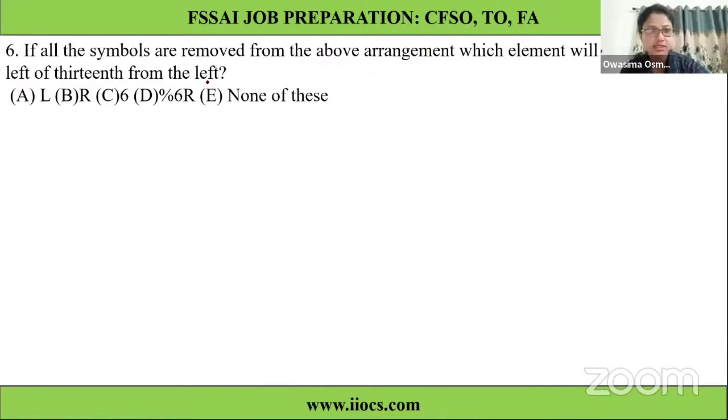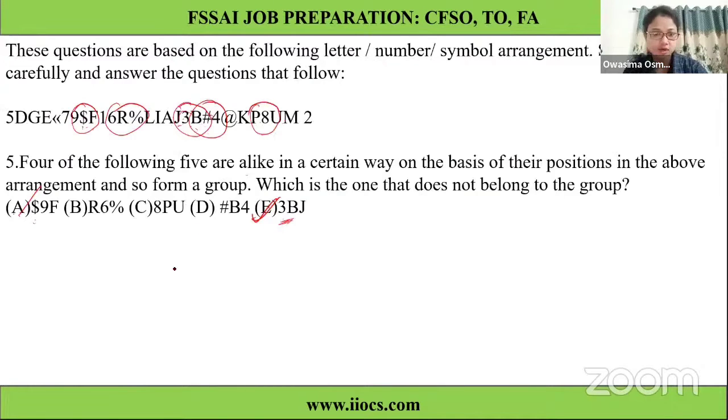Next, if all the symbols are removed from the above arrangement, which element will be third to the left of 13th from the left? So just write down the series first, because we have to move to the next page. If all the symbols are removed, so just remove all the symbols.